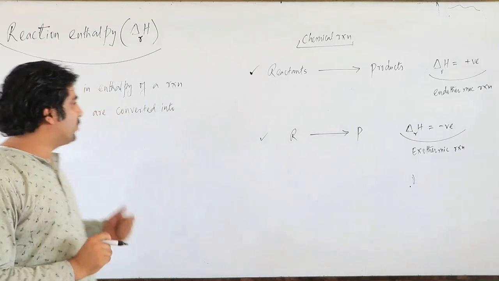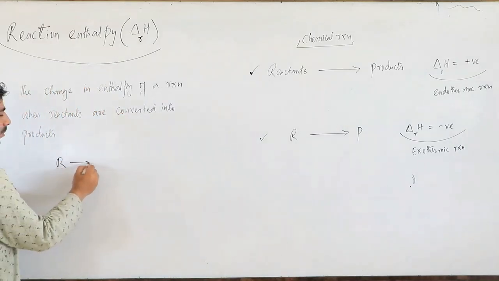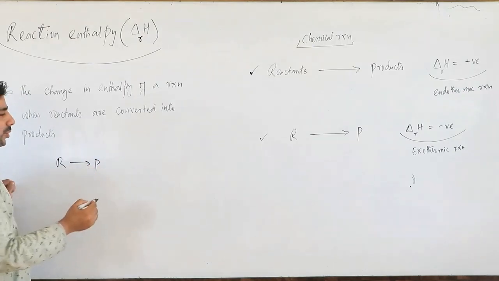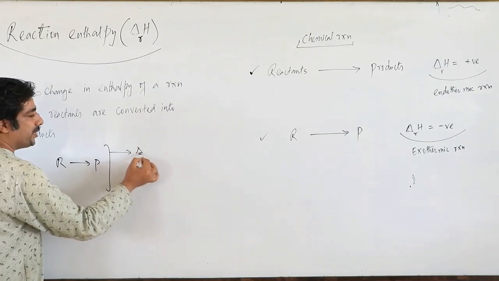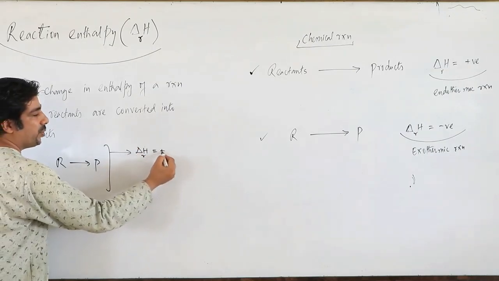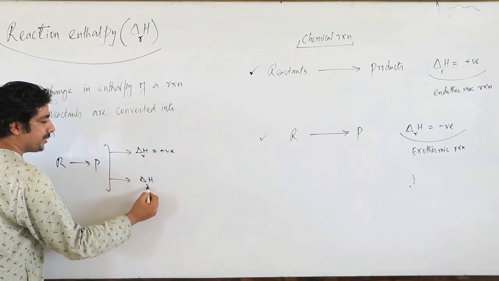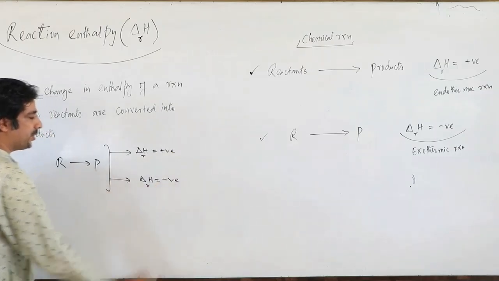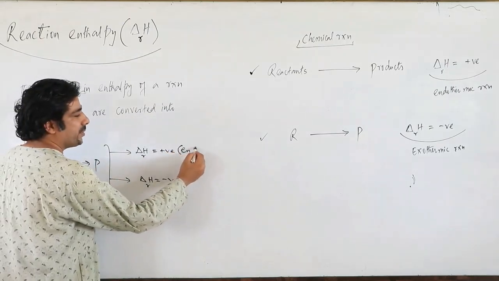When we convert reactants into products, two things can happen. For this reaction you can have reaction enthalpy as positive or as negative. So it can be endothermic or it can be exothermic.